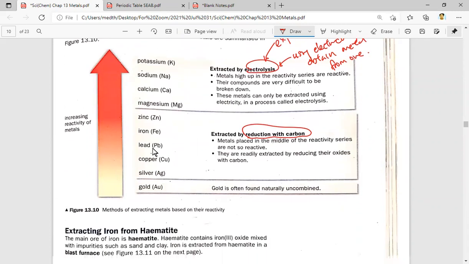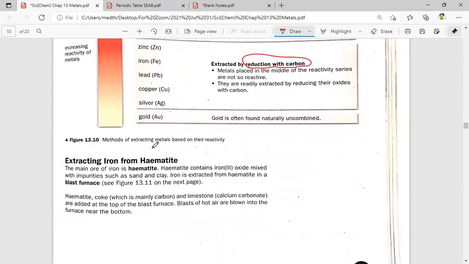Now do take note, gold is found naturally uncombined. That means if you got a chance to dig into a gold mine, you won't find an ore of gold. When you find gold, it's really pure gold. That's why there are a lot of gold miners.